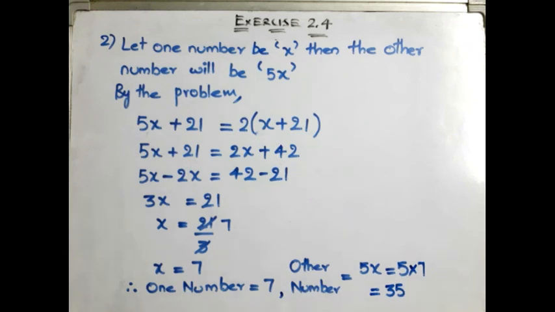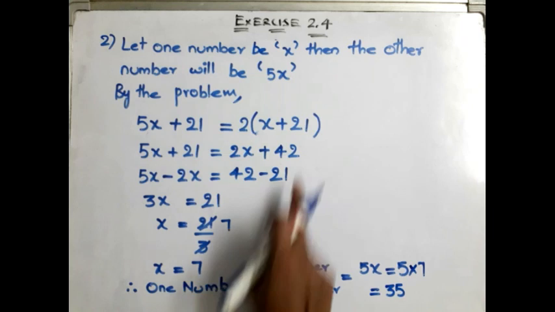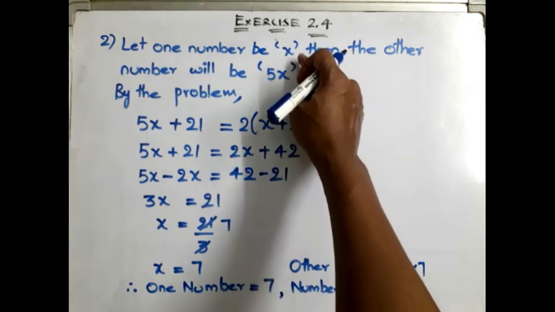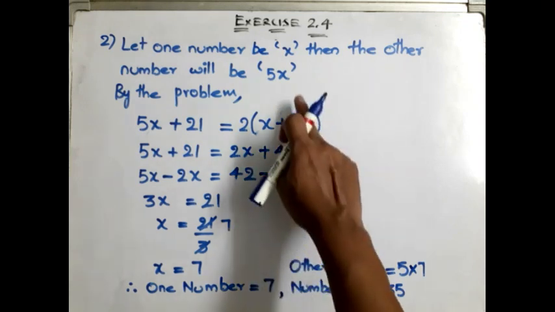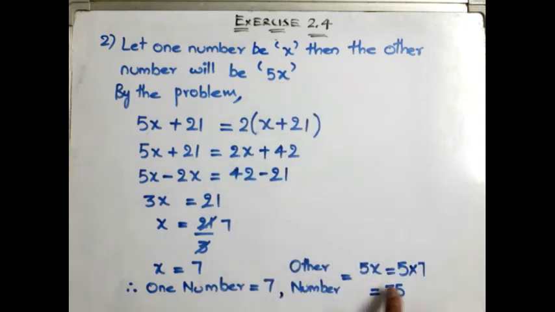Hope you are clear. As they told, there exist two numbers. As we got the value of x as 7, the other number is already taken as 5x by the problem. So 5 into 7, 35. So one number is 7 and the other number is 35.